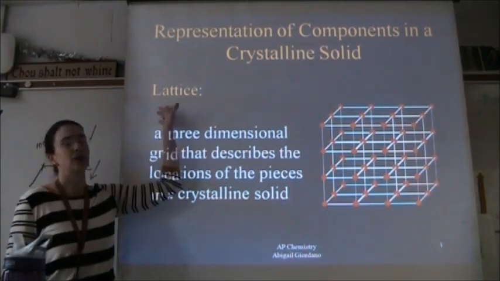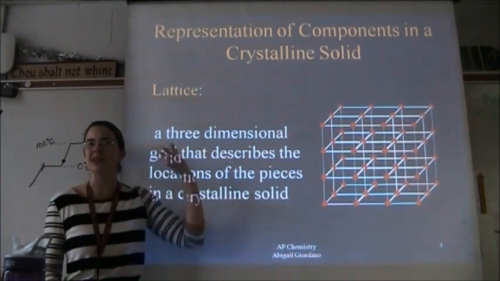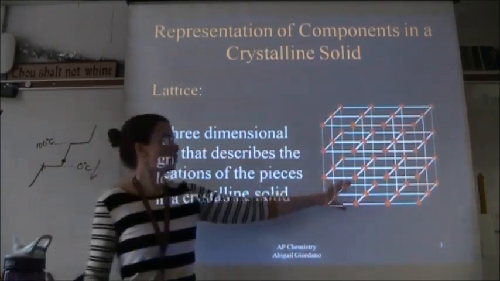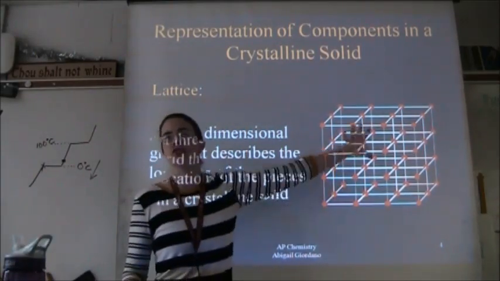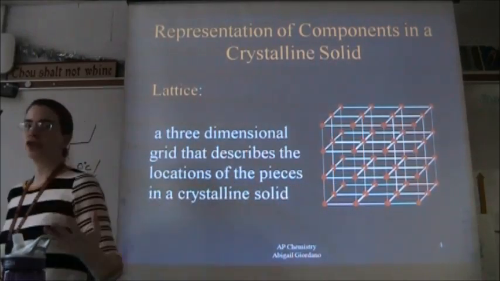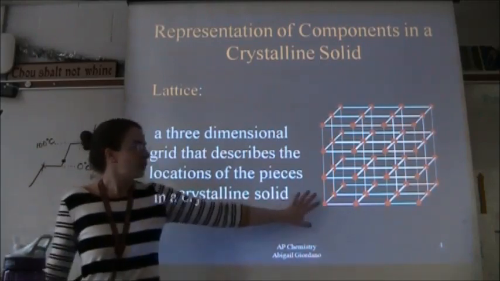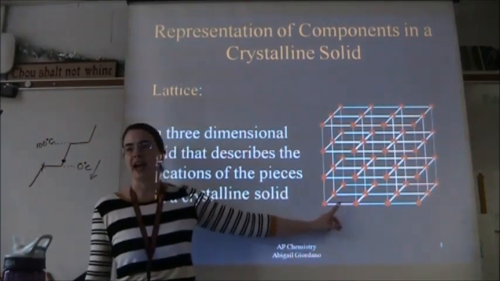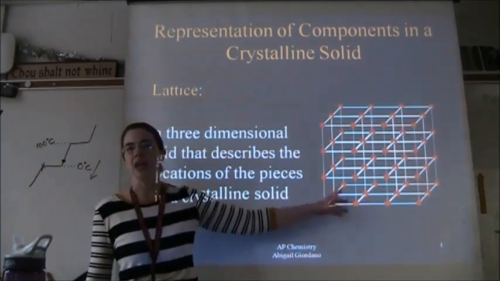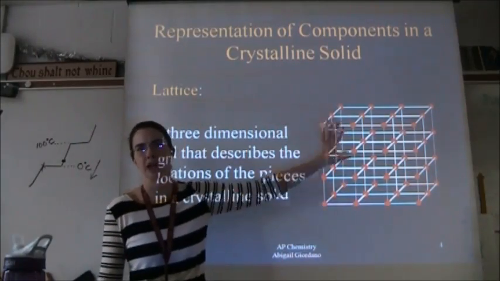We saw it when we talked about lattice energy, but the word lattice just means organized structure, a lattice structure. Now, crystalline solids don't have to be organized exactly like this. It doesn't have to be a cube on top of a cube on top of a cube.